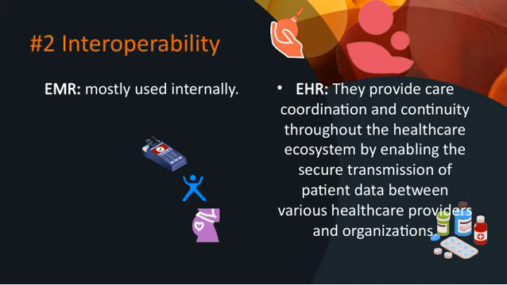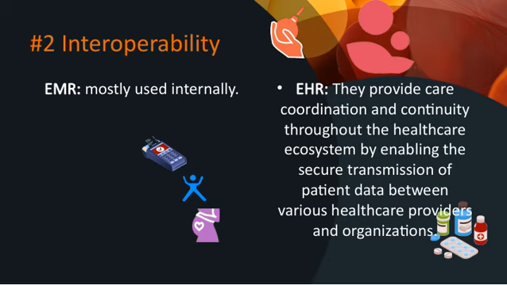Let's talk about interoperability, which is a crucial aspect of modern healthcare technology. When we look at EMRs, or electronic medical records, they are mostly used internally within a single healthcare provider or organization. This means they help keep everything organized for the providers within that specific setting. However, the real power comes with EHRs, or electronic health records. EHRs are designed to go beyond just one organization. They enable care coordination and continuity across the entire healthcare ecosystem.